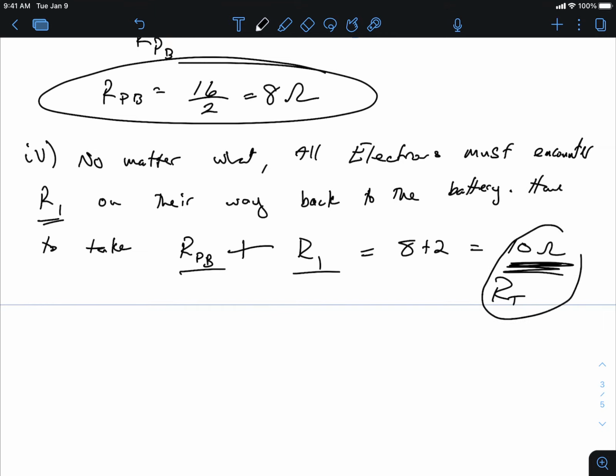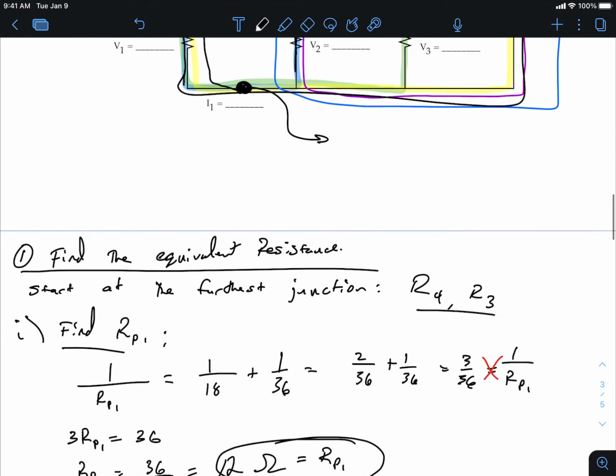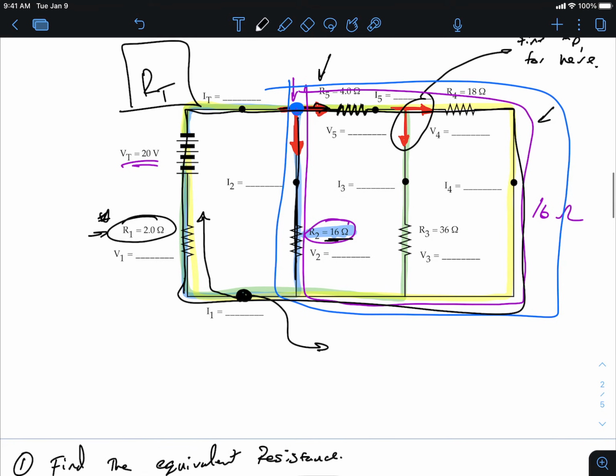This is the equivalent resistance for the entire circuit. So this entire circuit, as the electrons go around this whole thing, they're going to experience 10 ohms of resistance. So that is a piece of information that you can come up here to your VT. Underneath your VT, you can write, okay, they're going to experience 10 ohms of resistance.